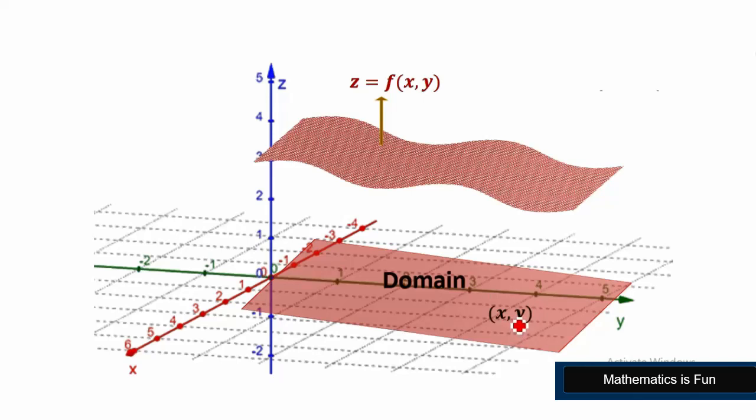So there we have two independent variables, we have two inputs and the single output, and here the output is in the form of single real number. So this is basically the domain of three-dimensional surfaces.